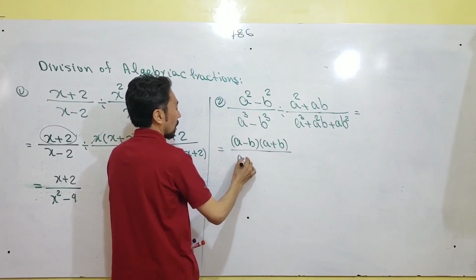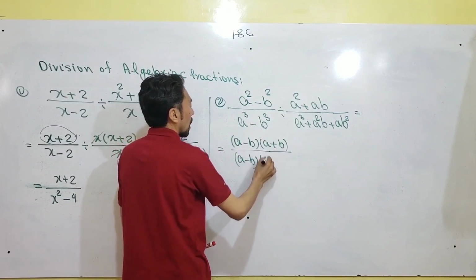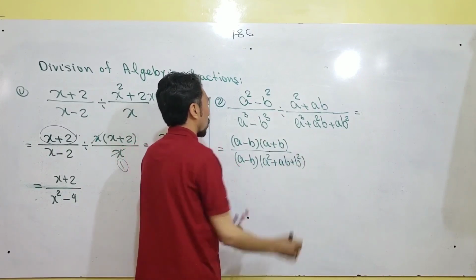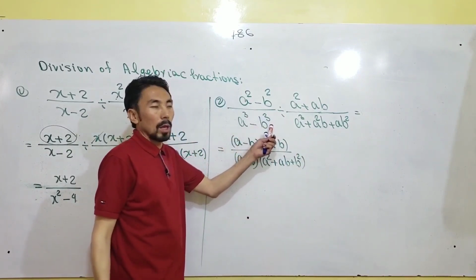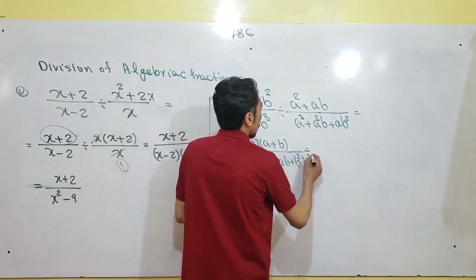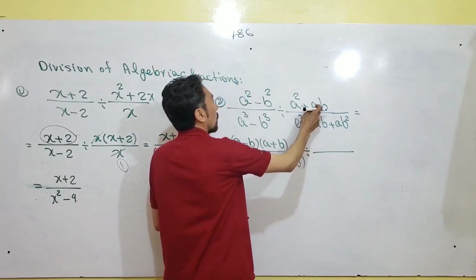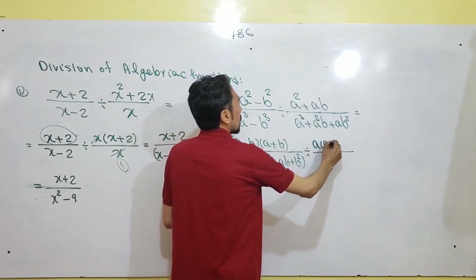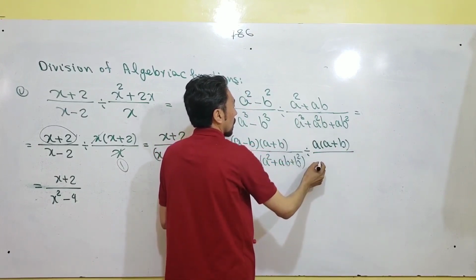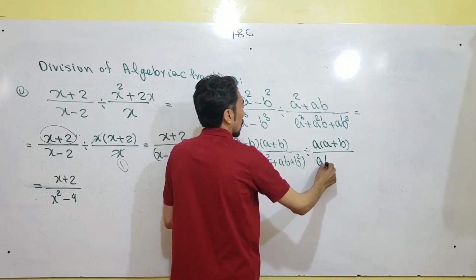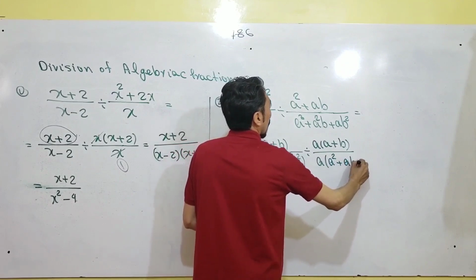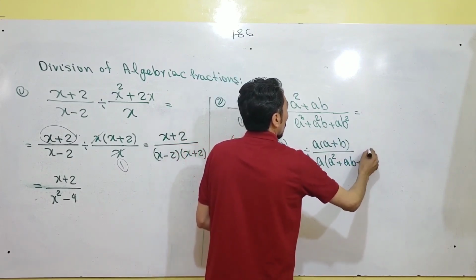Also here we can write a minus b multiplied by a squared plus ab plus b squared. It's a famous identity. You have already studied this one. Divide by, we bring out here remain a plus b, and also we bring out a from every three terms. Here remain a squared plus ab plus b squared.